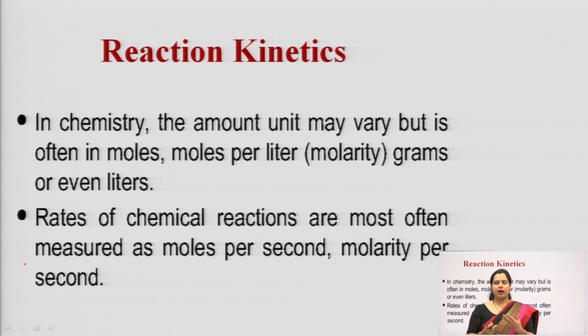The rate of a chemical reaction is most often measured as moles per second or molarity per second, because the rate gives you the change in concentration per unit time. So, reaction kinetics is analyzed with these units.